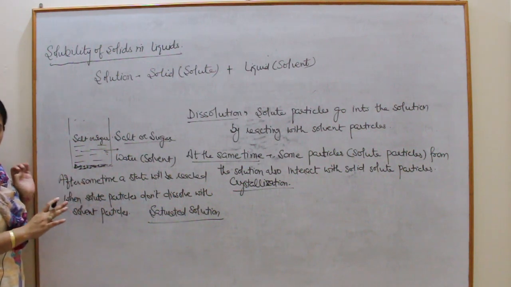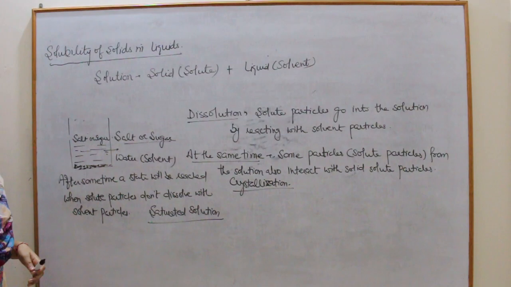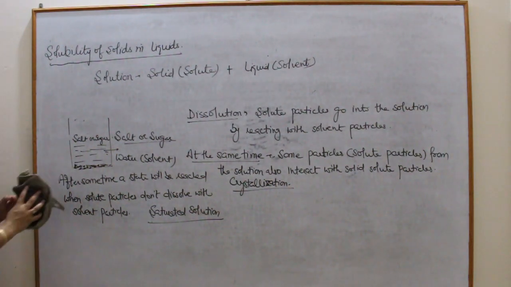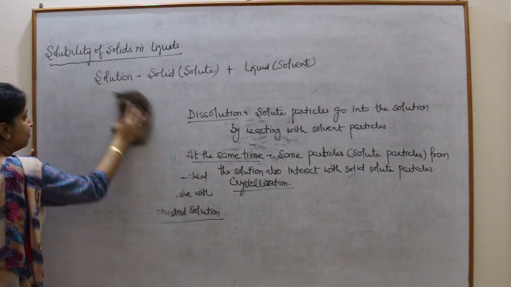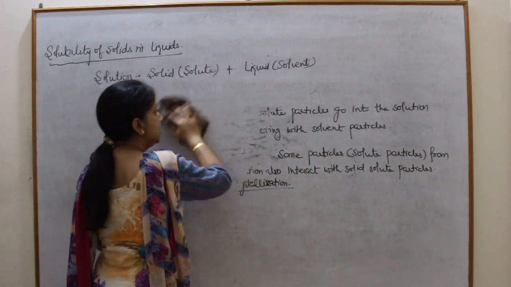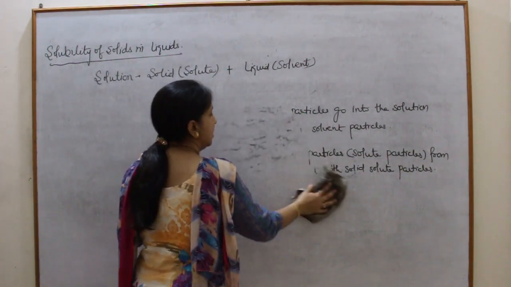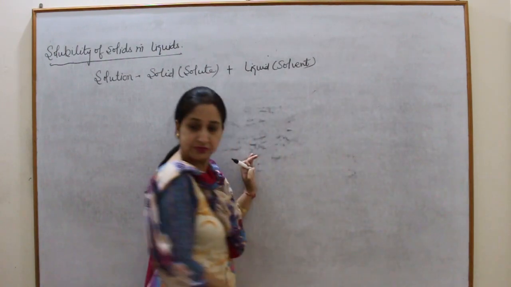So from this we can define what do you mean by solubility of solids in liquids. Solubility of solid in liquids is the maximum amount of solute which can be dissolved in 100 gram of the solution at a given temperature.